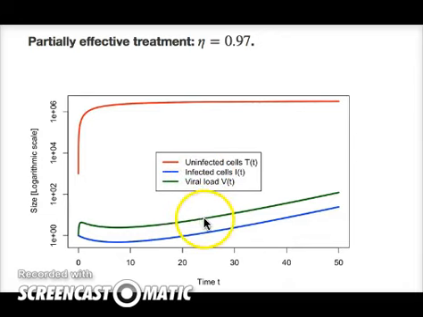So if there are not enough infected cells, eventually both infected cells and virus will die out, which is exactly what happens when the disease-free equilibrium is stable. And it's exactly what happens if you set this to be even closer to 1, like 0.99 or 0.978 or something.